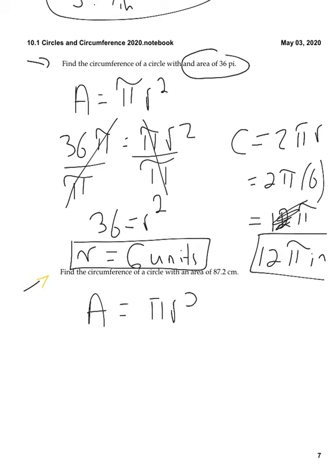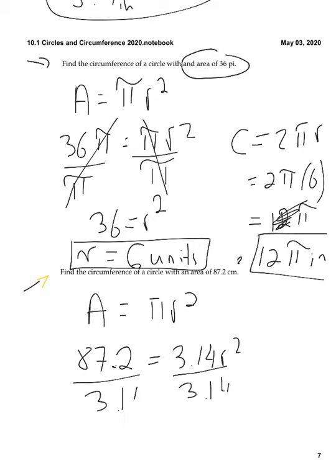Little typo, this should be square centimeters, because area cannot be in centimeters, so I hope you caught my mistake here. So 87.2 is equal to 3.14 r square. Divide by 3.14, divide by 3.14.